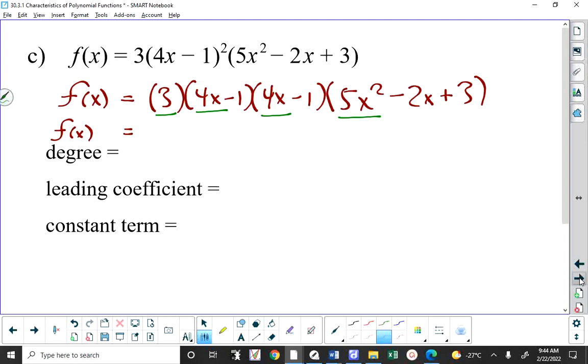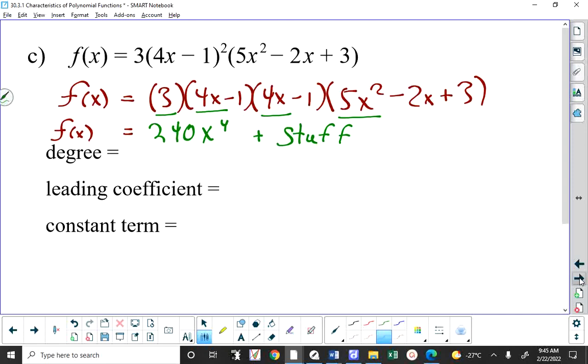So I need to multiply 3 times 4x times 4x times 5x squared. I want to say 240. But am I right? 240. And it will be 240x to the 4.